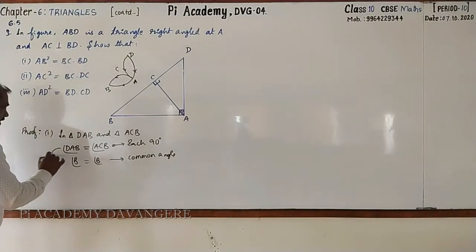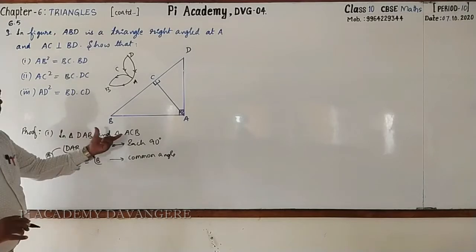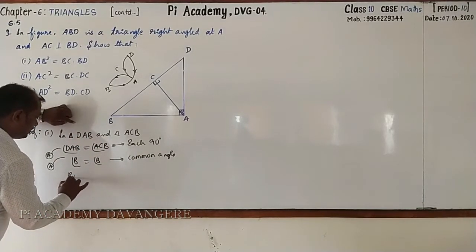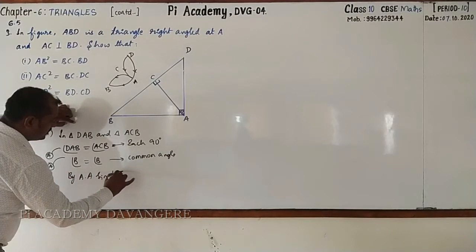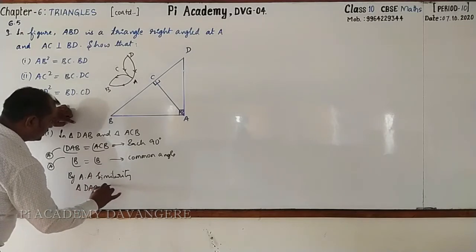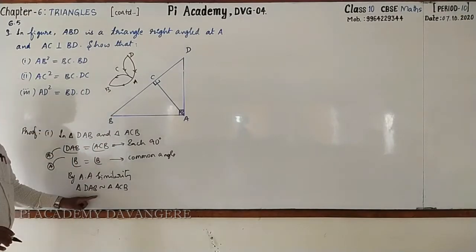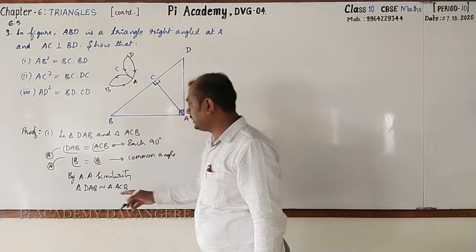Here two pairs of corresponding angles are equal. Therefore, the two triangles are similar, by AA similarity. Triangle DAB is similar to triangle ACB. If these two triangles are similar, their corresponding sides will be in the same ratio.